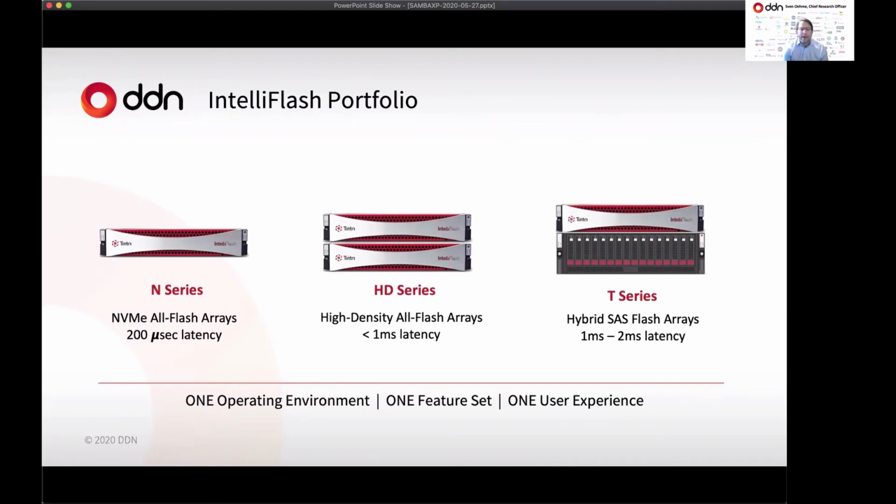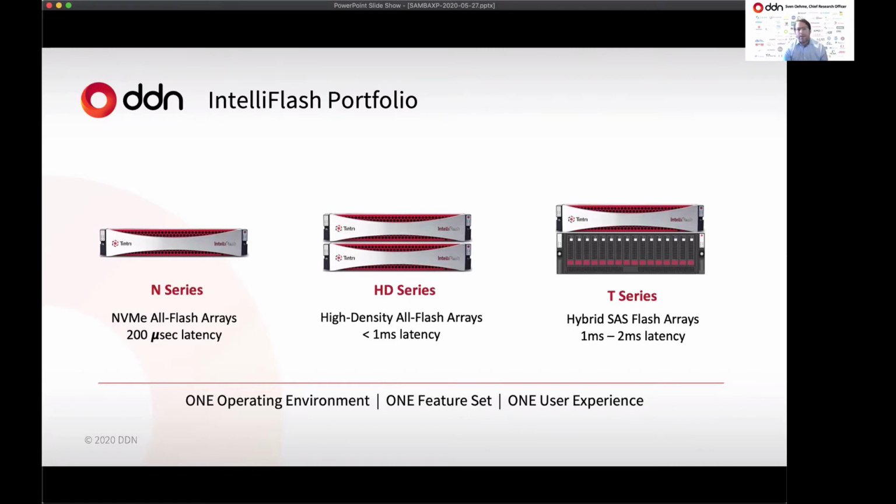IntelliFlash has a very strong NFS stack today already, but the product primarily came from a block and virtualization background. So deep integration in VMware, deep integration into Hyper-V, all the various hypervisors essentially. And it comes in three flavors: an N series, an HD series, and a T series. The main difference is really performance and scalability.